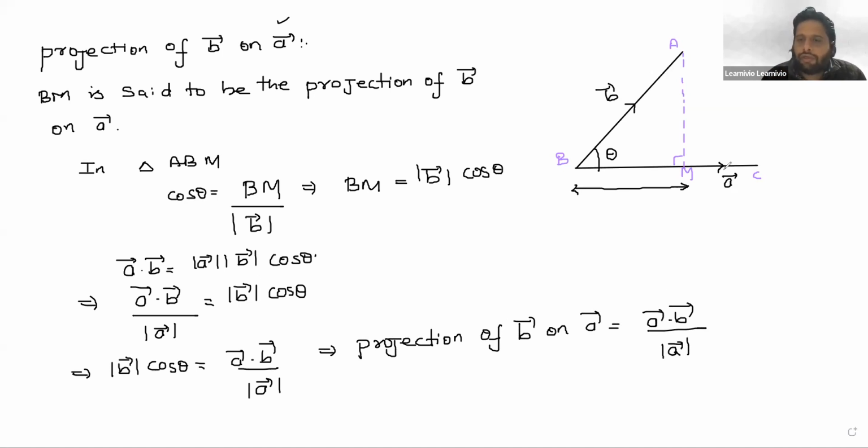Please check here. We have two vectors A and B. What is meant by projection?